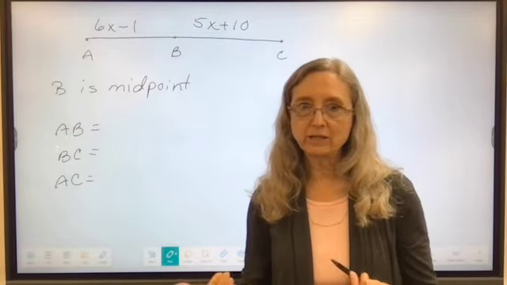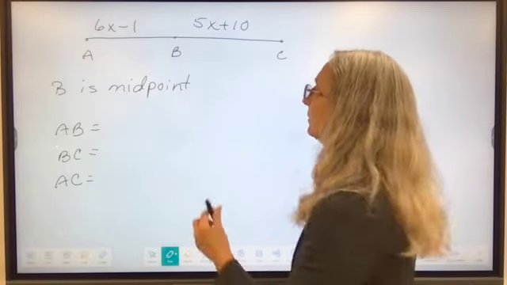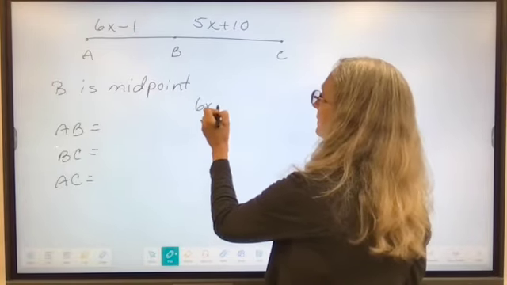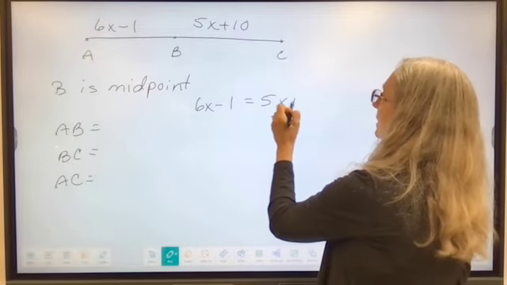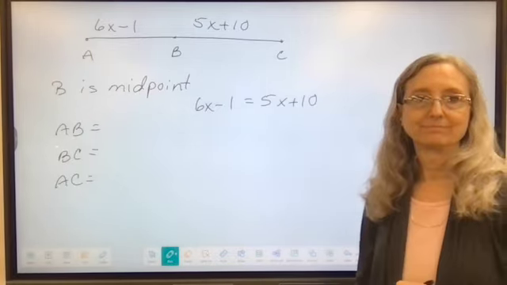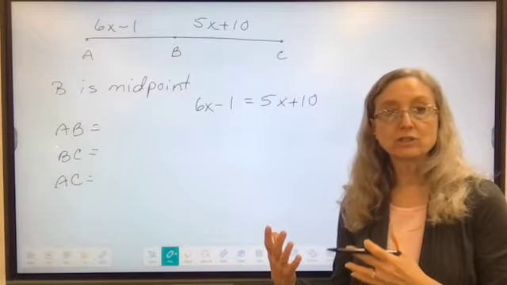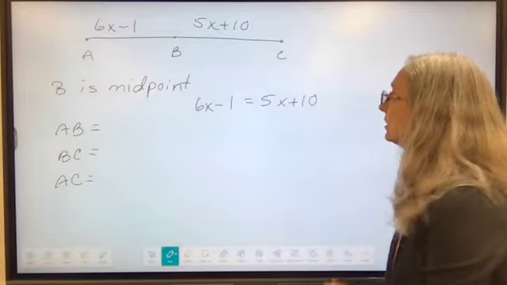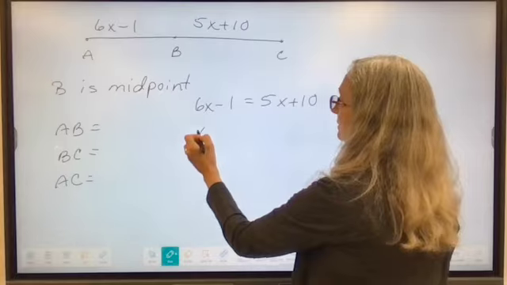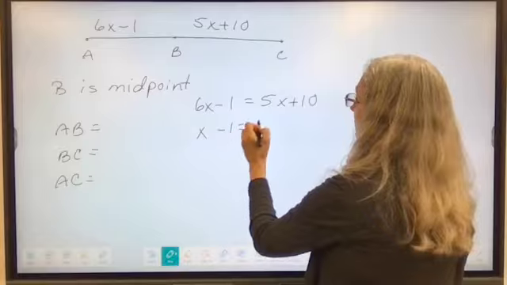So I'm going to set up my equation that AB, or 6x minus 1, has to be exactly the same as 5x plus 10. I just make an equation with the relationship that I know exists. Now I solve for x. So I'm going to subtract 5x, and x minus 1 equals 10.